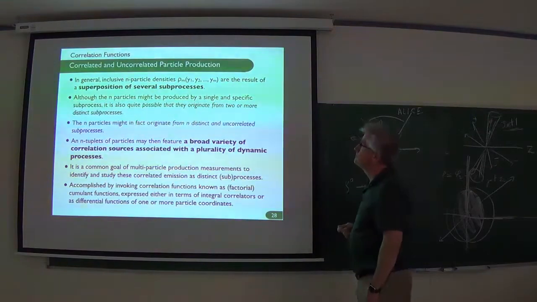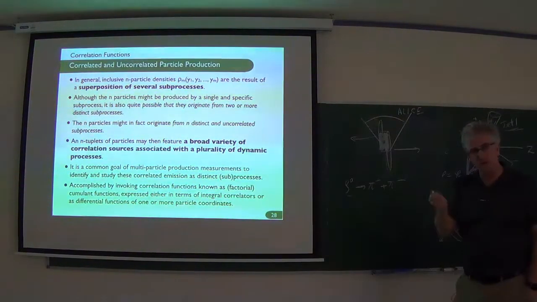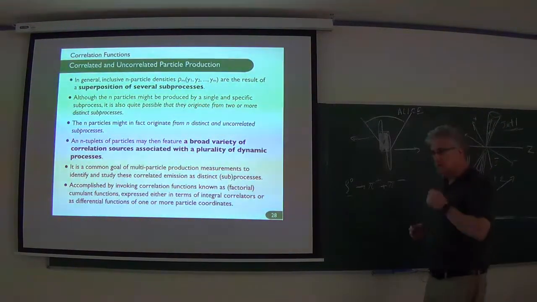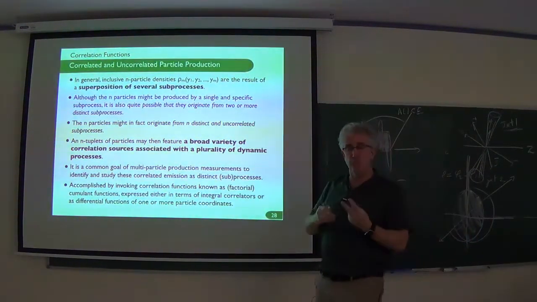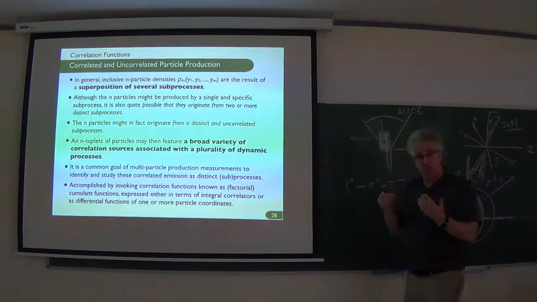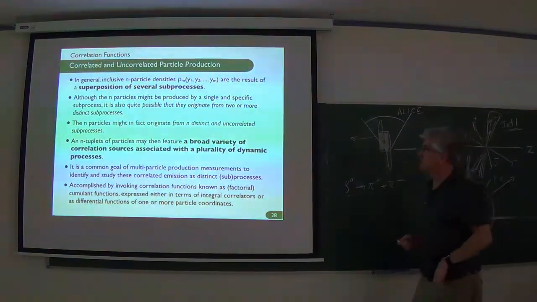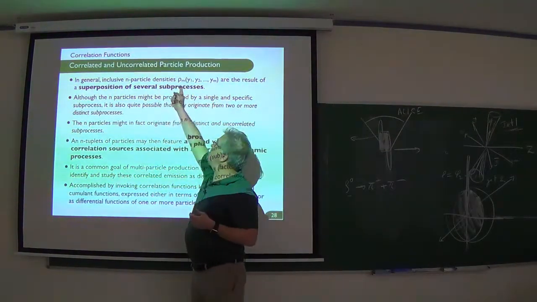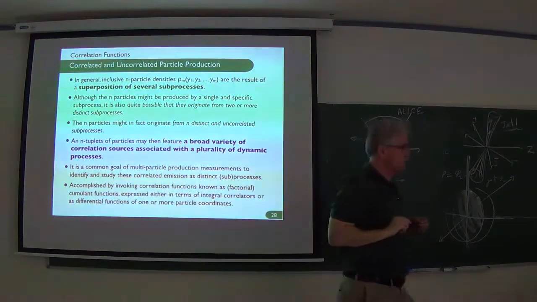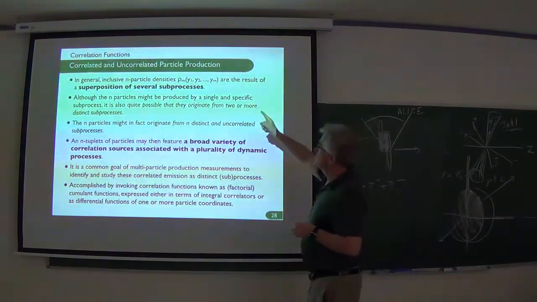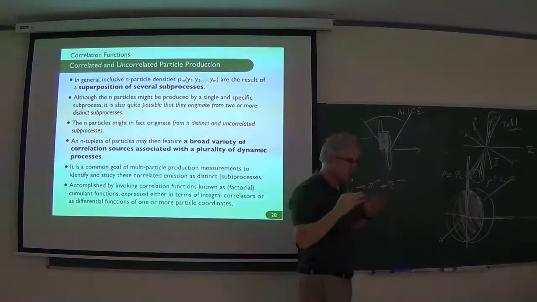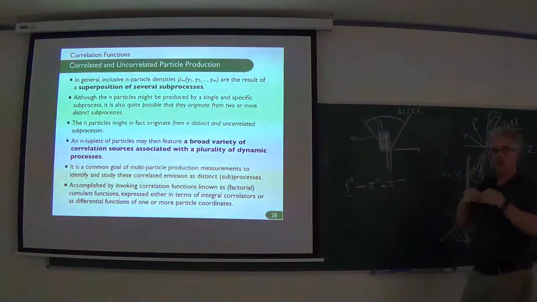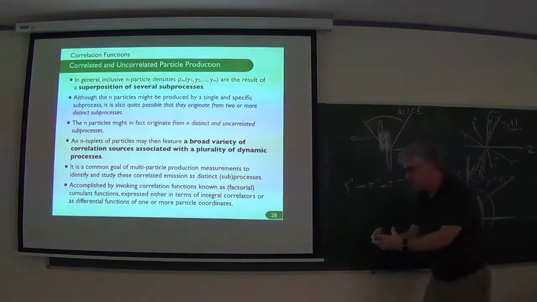There are processes that will lead to no correlation whatsoever, processes that will lead perhaps to only 2 particles being correlated, perhaps 3, perhaps 4, and so on. So in general, I can think of processes that produce n particles, and all of these n particles are assumed to be correlated by the very nature of the process that produced them.